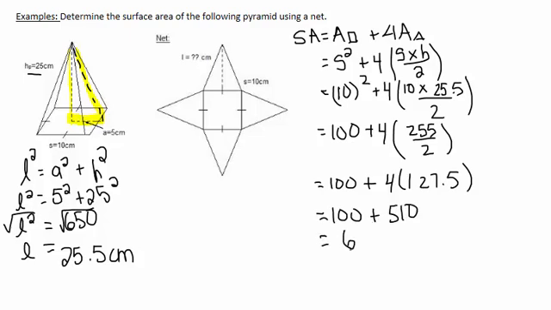And our final answer is 610 centimeters squared for the surface area of this square-based pyramid.